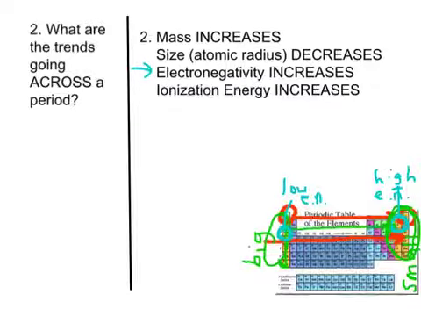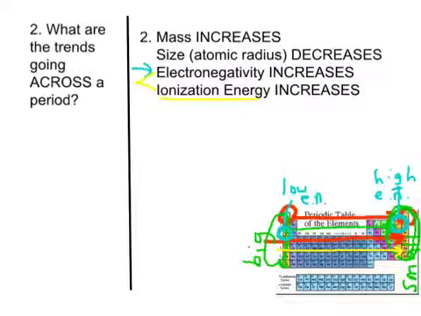Now remember, electronegativity and ionization energy are related. They are both related. They have to do with electrons being held tightly to the atom. So if we're going from left to right on the periodic table, ionization energy is going to increase, just like electronegativity increases.